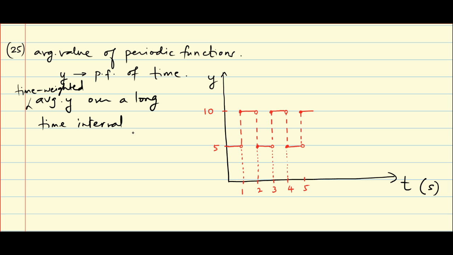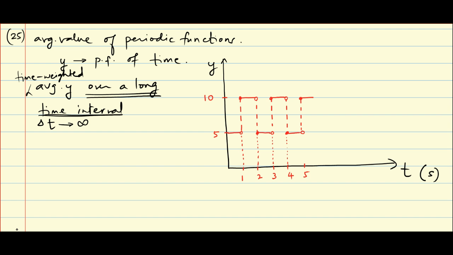If you really want to be mathematically very correct, you should say the interval delta t tends to infinity. But for practical purposes, we could take a sufficiently long time interval and calculate the average value of y over that long time interval. The time interval is deemed to be sufficiently long if its value is very much larger than the time period of the periodically varying function, in this case 2 seconds.